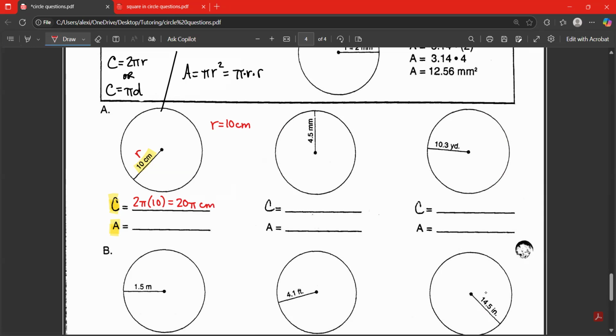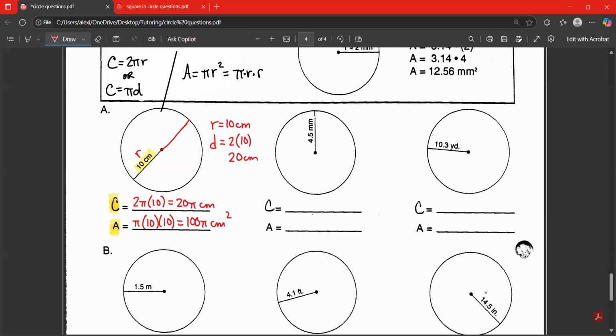The area is pi times radius, which is 100 pi centimeters squared. Now, just to be complete, we can go ahead and find diameter. Remember, diameter is 2 times the radius. So this distance is 10, but all the way to the other edge is 10 plus 10, or 2 times 10, which is 20 centimeters.